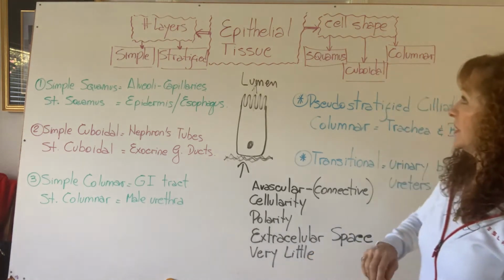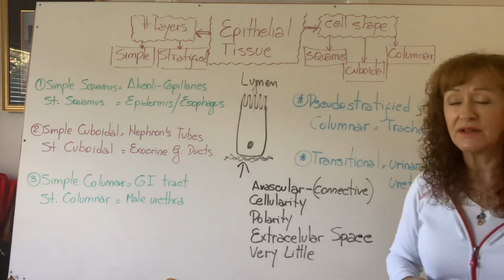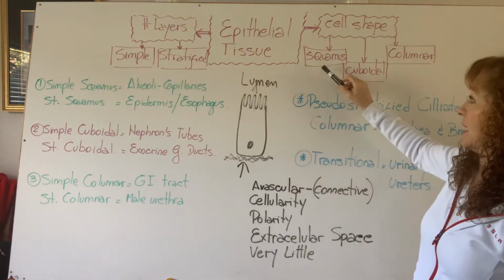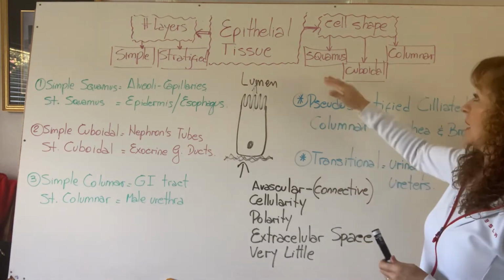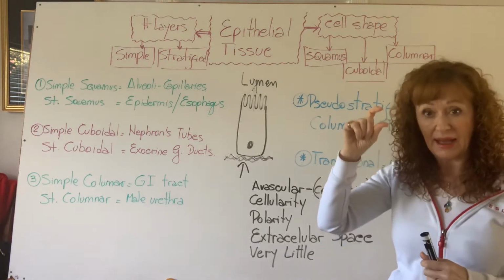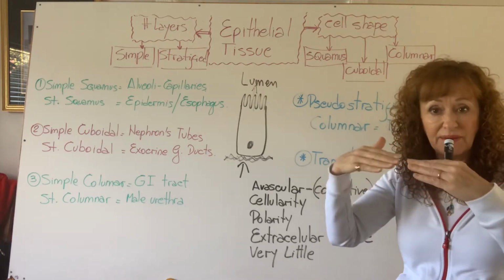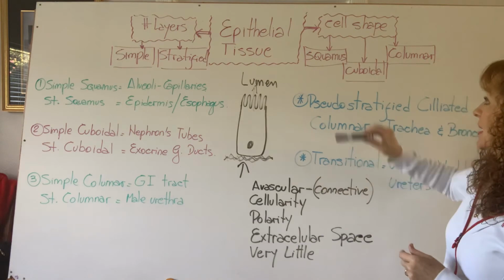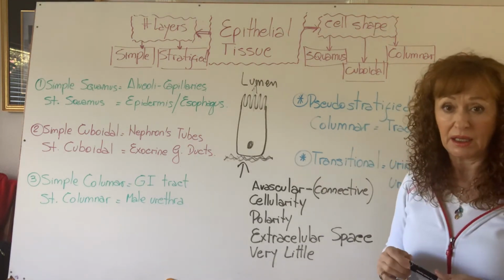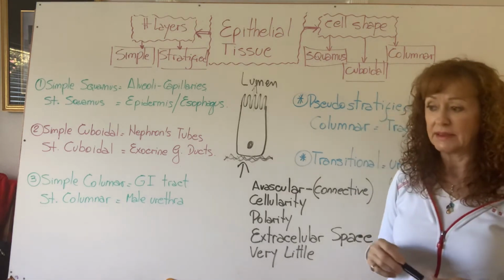The other classification of epithelial tissue is based on the cell shape, and we have three types of shape. The squamous is like a scale on a fish. They still have an apical area and a basement area, but it is really very flat compared with the others. Squamous, cuboidal, which is pretty much like a cube, and columnar, which are elongated.